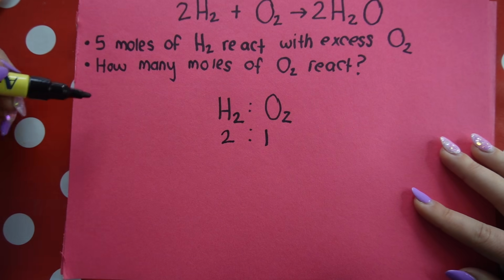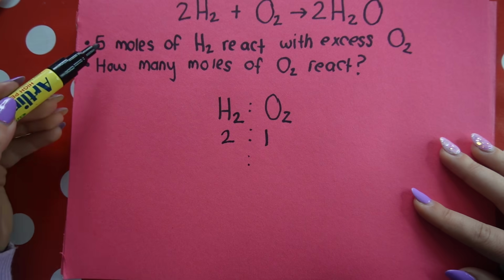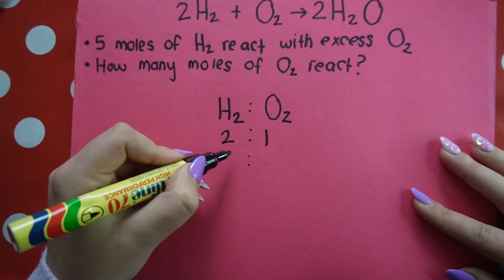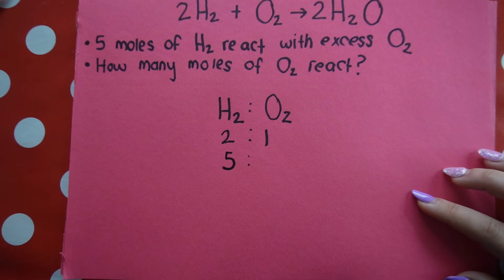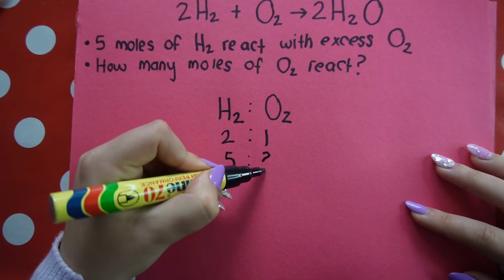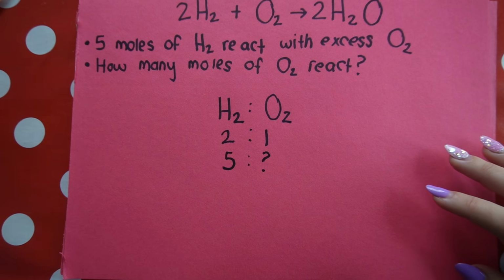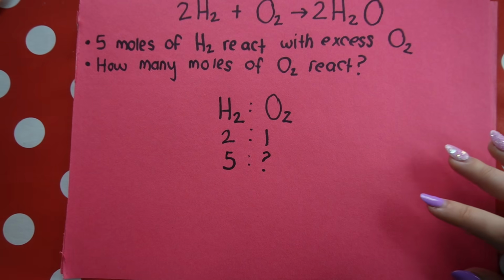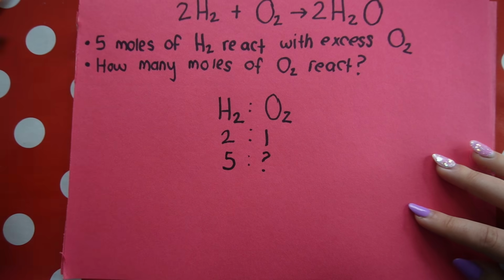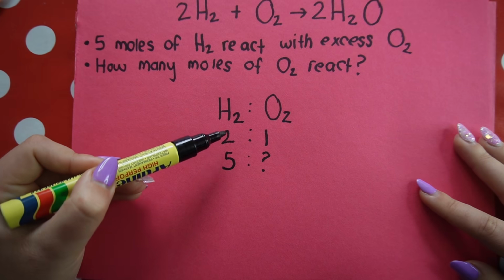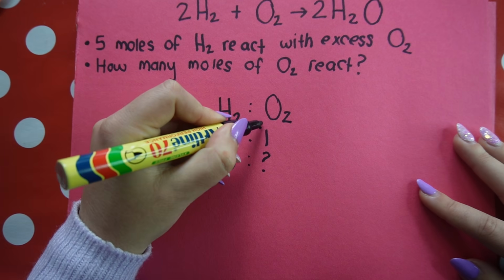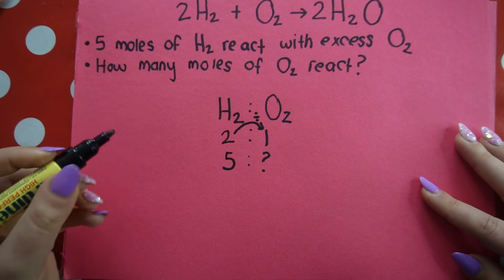Then you deal with the given information. They tell me that I have 5 moles of hydrogen reacting. So under hydrogen, I'm going to put 5. I am therefore looking for my moles of oxygen that will react with that 5 moles of hydrogen. Now, how you deal with ratios is up to you. There's various different ways. Because this is a simple 2 to 1 ratio, you can simply say, to get from 2 to 1, you divide by 2.